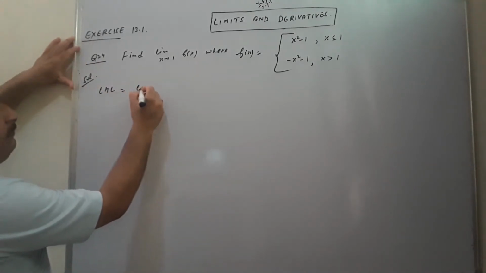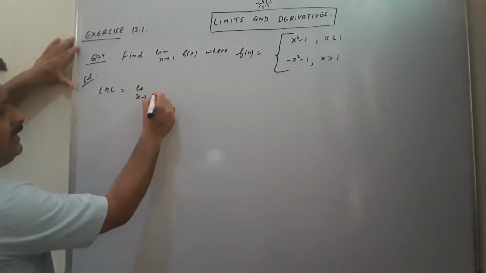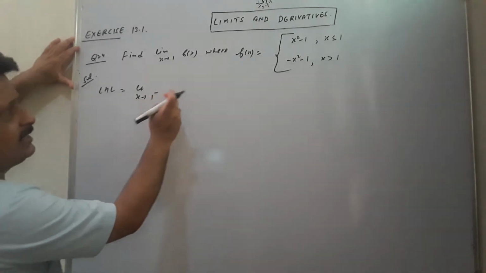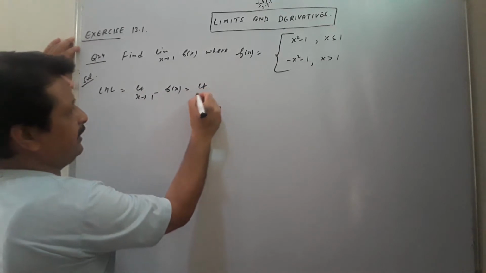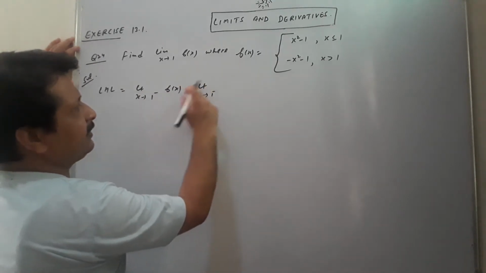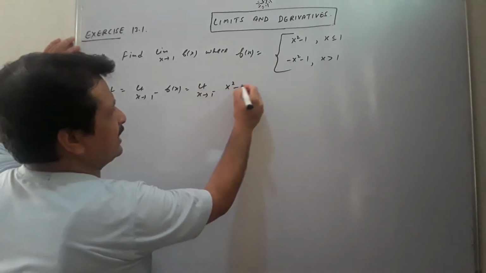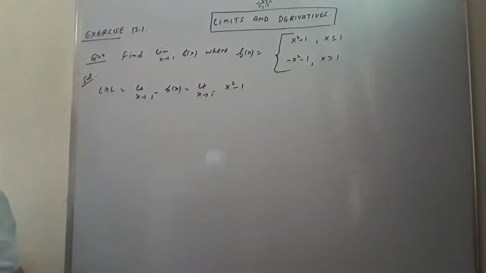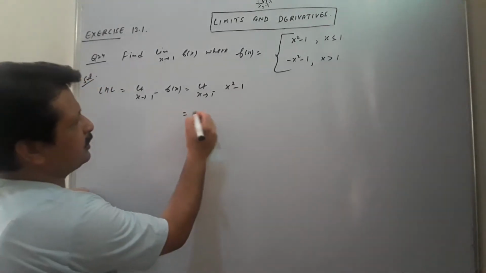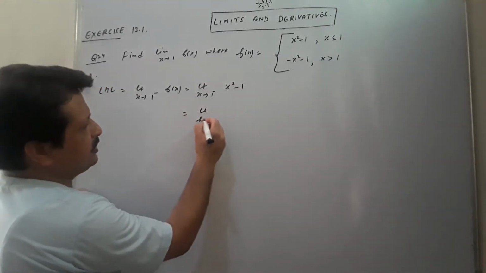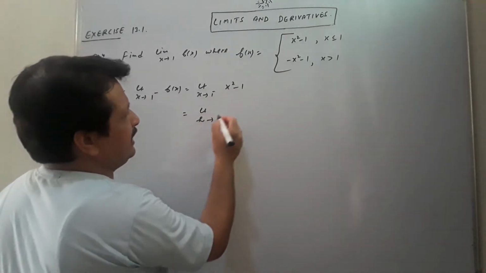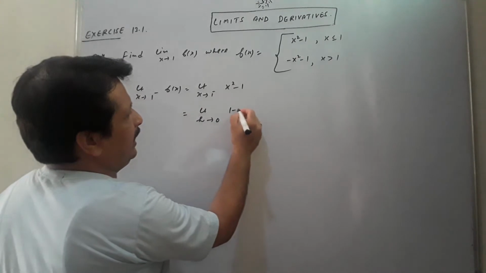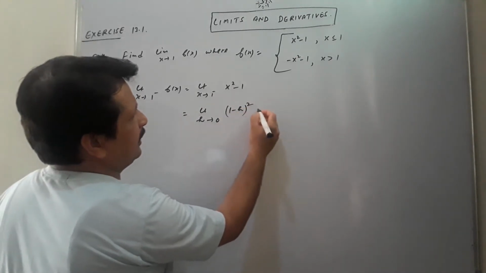The left hand limit, x tends to 1 negative, here is the minus sign, f of x. This is equal to the limit as x tends to 1 negative of f of x. Now this is x square minus 1. And here I have told you, students, this is limit h tends to 0, and it will come as, at the place of x, 1 minus h whole square minus 1.